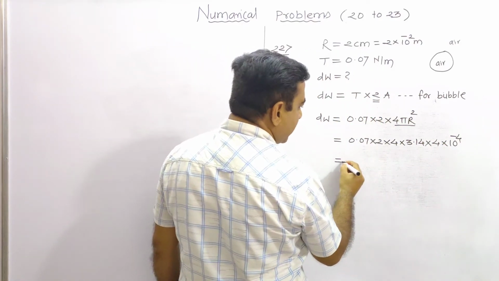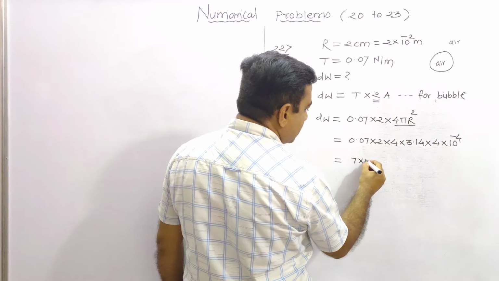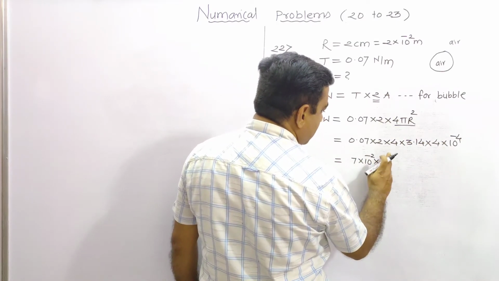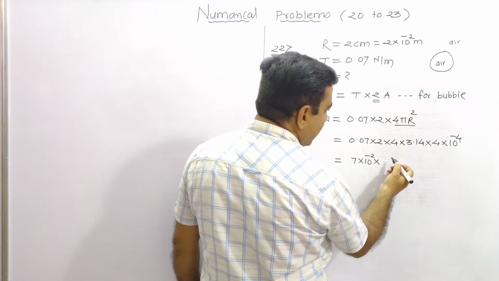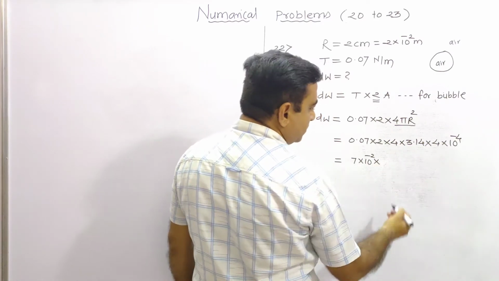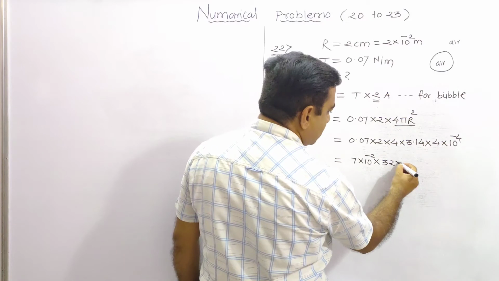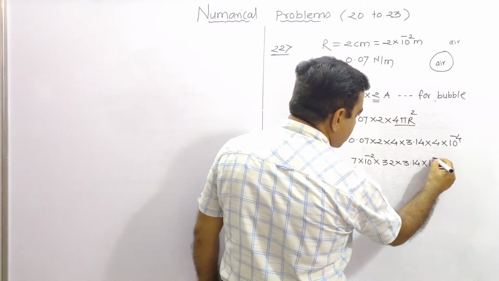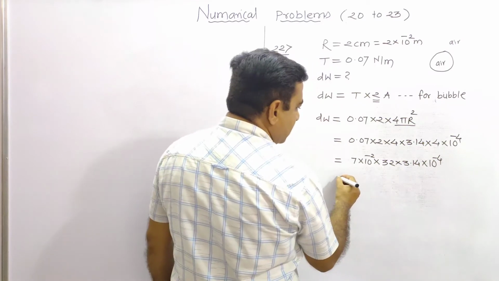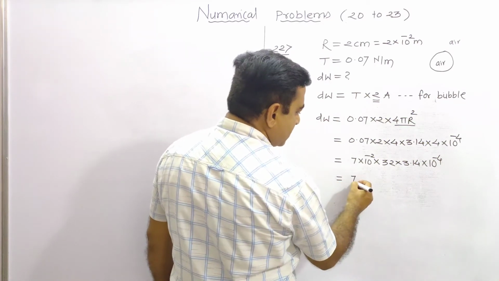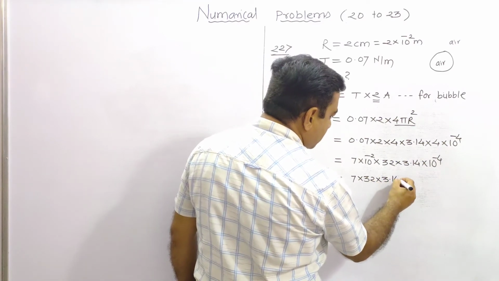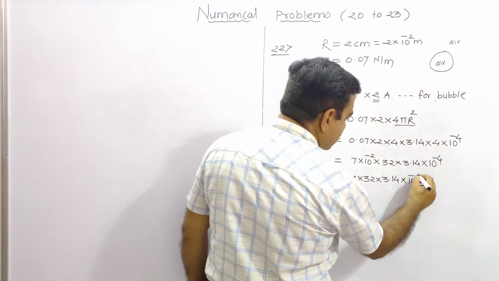So after resolving, 7 into 10 raised to power minus 2 into 2, or maybe 2 into 4, 8, 8 into 4, 32, 32 into 3.14 into 10 raised to power minus 4. After collecting the power, 7 into 32 into 3.14 into 10 raised to power minus 6.